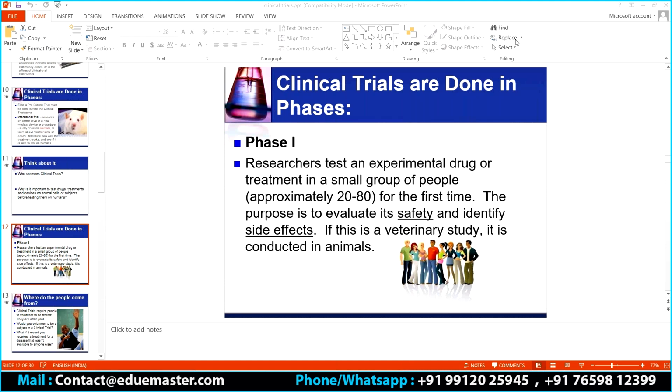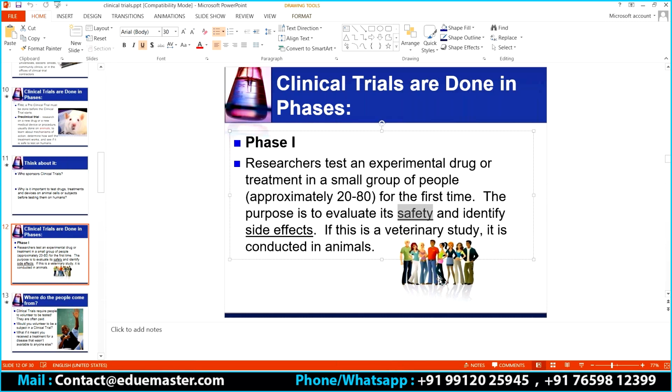The main purpose of this phase one is, again, at every point of time, we will be talking about safety. That is the main thing, safety. So first we are going to evaluate the safety. We know that it is safe enough on the animals. That is the reason we are taking this particular medicine, or we are using this particular device. But again, we need to check the safety for the human being.